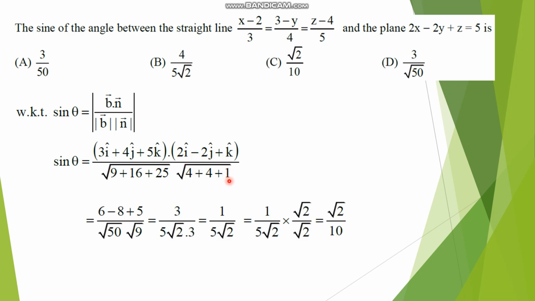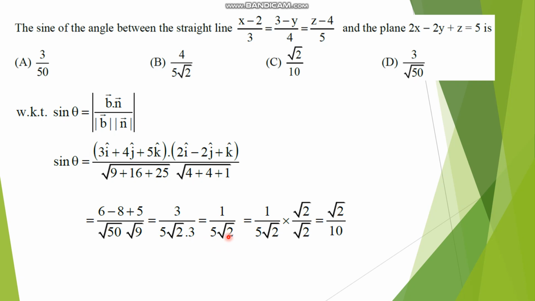Simplifying further, the dot product will be 6 minus 8 plus 5, and the square root of these will end up with root 50, and root 9 is 3. So when you further simplify it, the answer is 1 by 5 root 2.